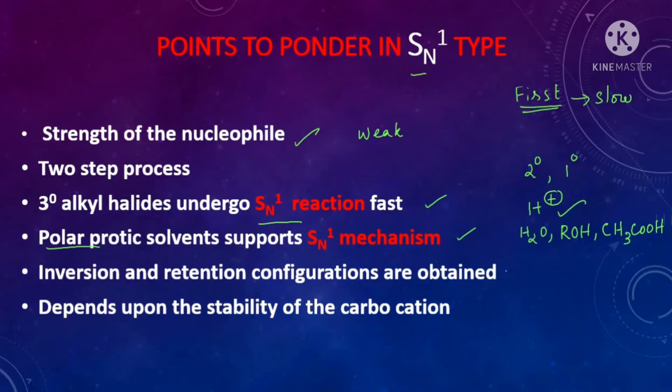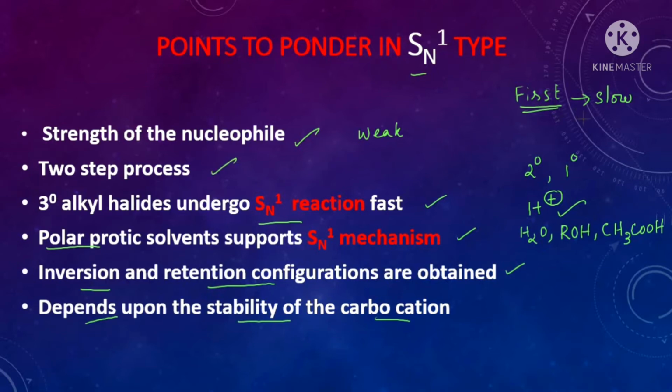The next point which you should remember is that in SN1 type, inversion and retention of configurations of products is obtained. This also I can explain when you see the mechanism. And the next, it depends upon the stability of the carbocation. As I told you, SN1 type is a two-step process.